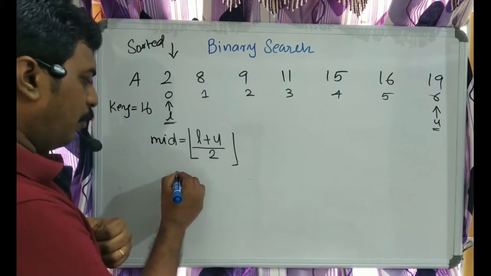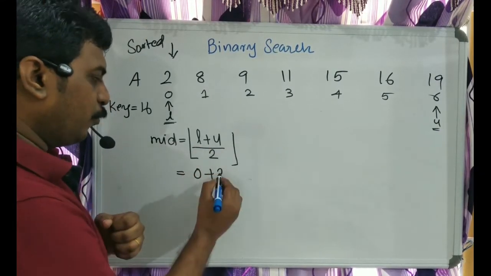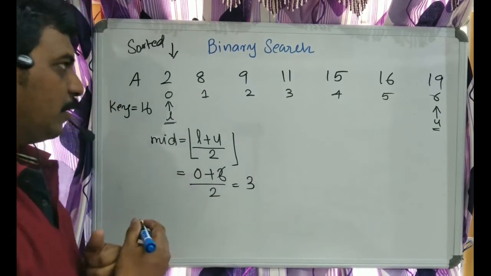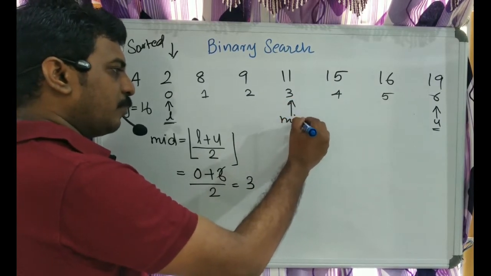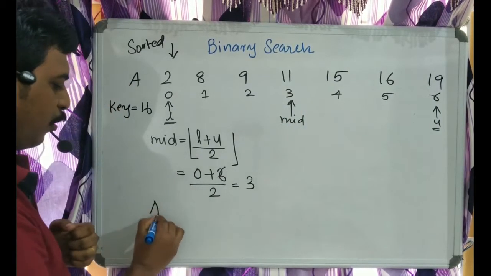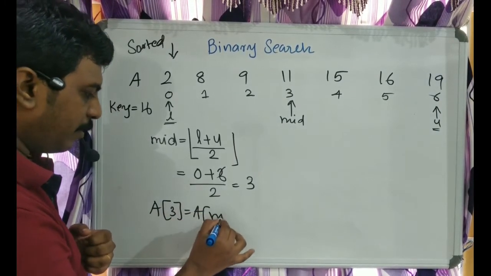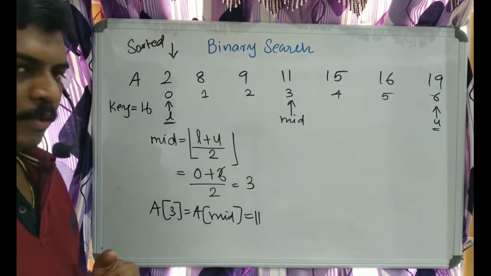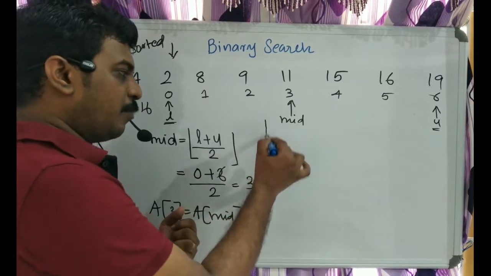So L is 0, U is 6, so 0 plus 6 divided by 2 is 3. This is the mid value. Then A of 3, that is A of mid, is the middle element, which is equal to 11.